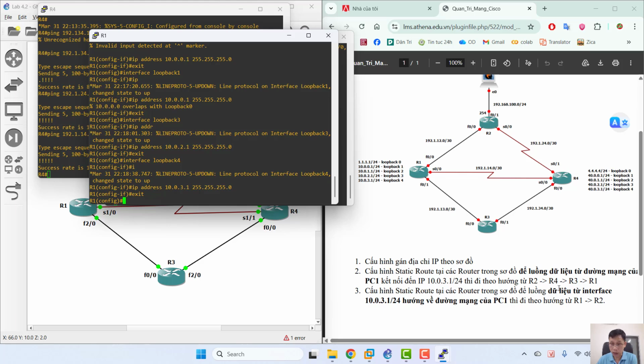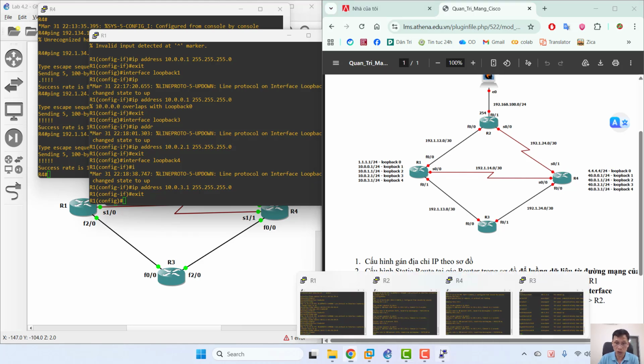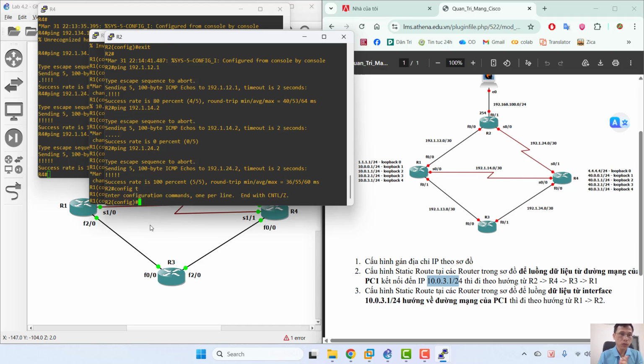Okay, as requested by the lab requirement, we configure the IP route to this IP from R2, go to R4, then R3, and then R1. So I go to R2 first. I go into config mode.